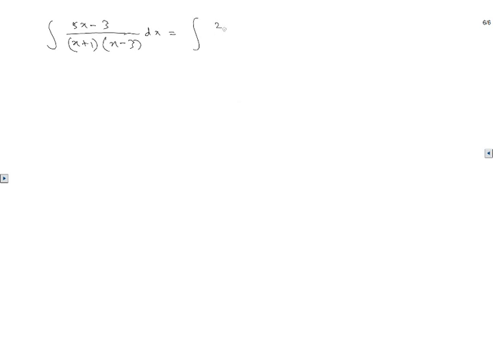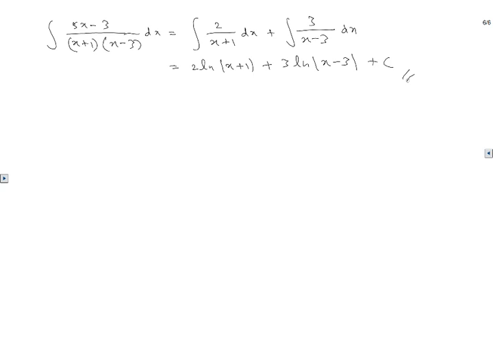The first term was 2 over x plus 1 dx, plus the second term was 3 over x minus 3 dx. And then this is 2 ln|x plus 1| plus 3 ln|x minus 3| using the formulas. So that's the answer. That's how we do the integral.